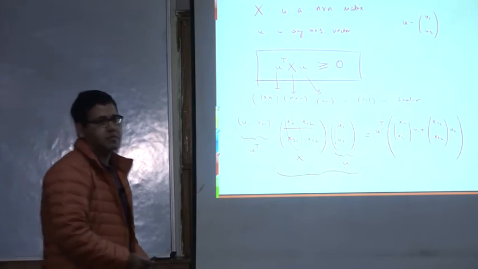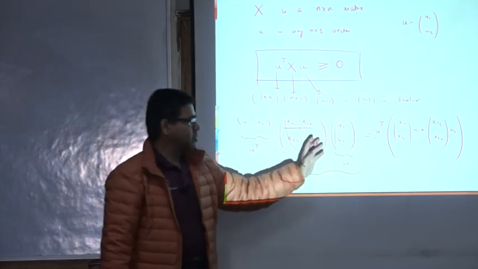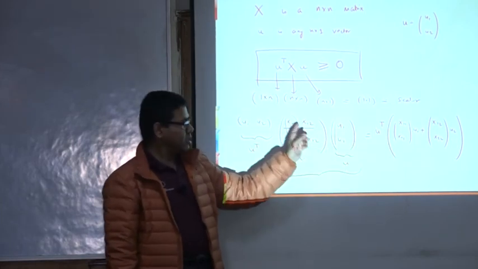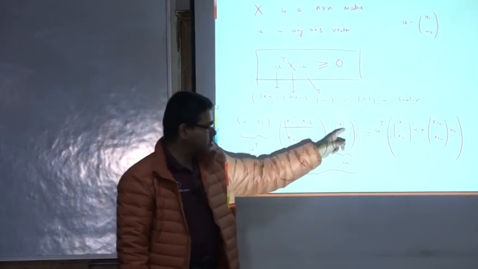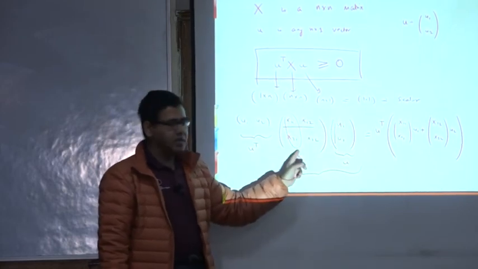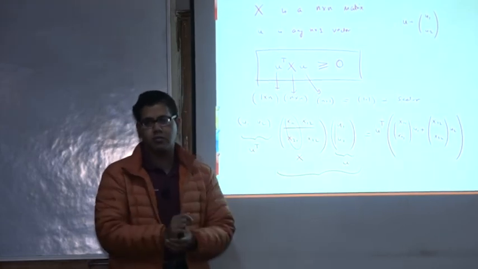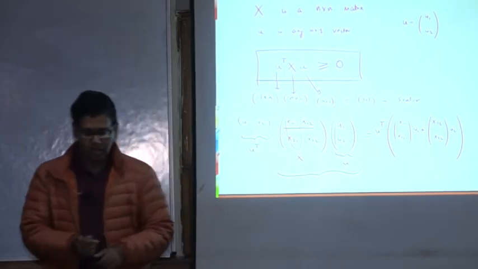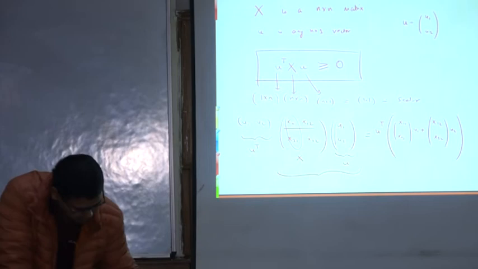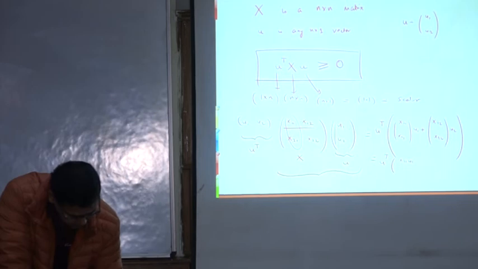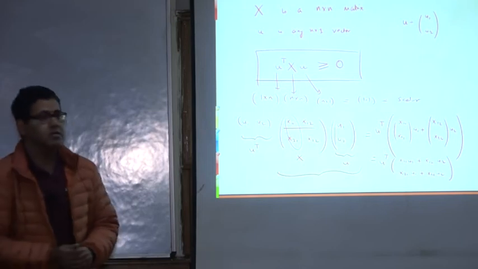That will be the result, because a multiplication on the right is always a column operation. In other words, the first value multiplies the first column, the second value multiplies the second column. You can do the full blown normal matrix multiplication and you'll get the same answer back. So what this looks like is u transpose times (x11 u1 plus x12 u2), (x21 u1 plus x22 u2).